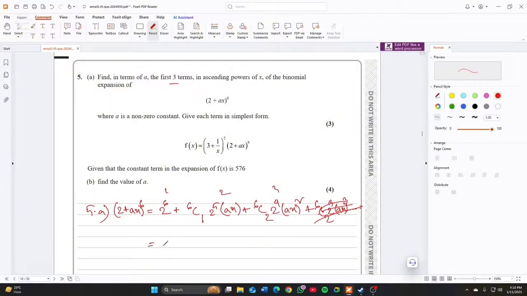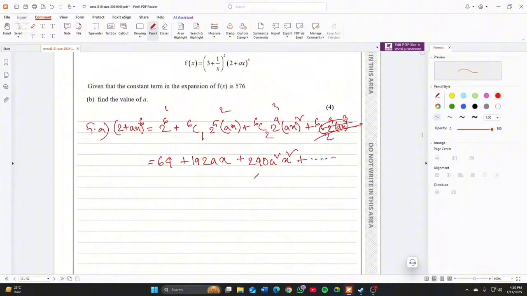This gives us 2 to the power of 6 is 64, plus putting this into calculator gives us 192 ax plus this value gives us 240 a square x square plus dot dot dot. This is our answer.